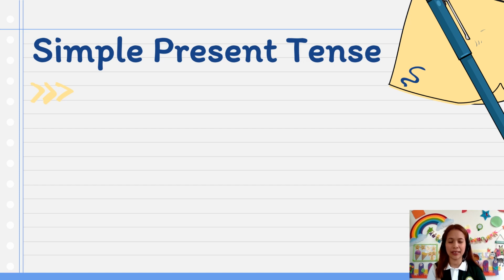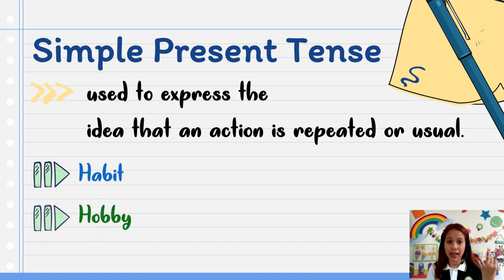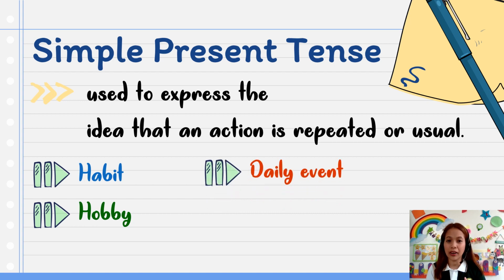Read with me. Simple present tense is used to express the idea that an action is repeated or usual, like habit, hobby, or daily events, like daily activities.